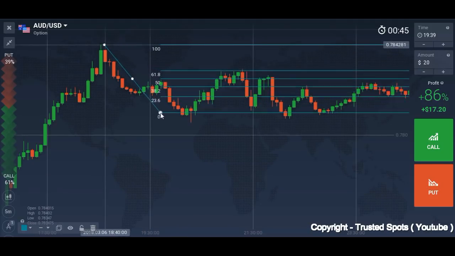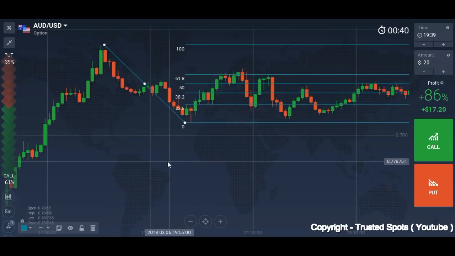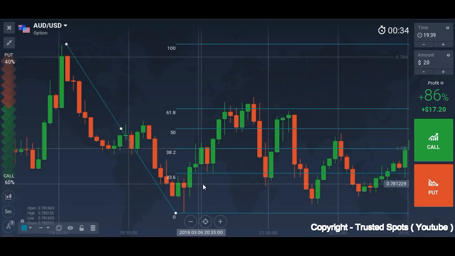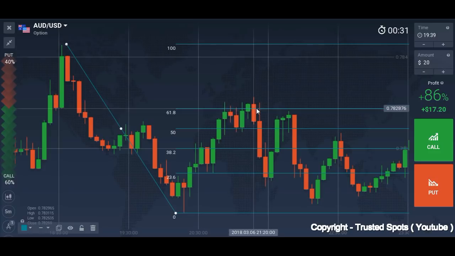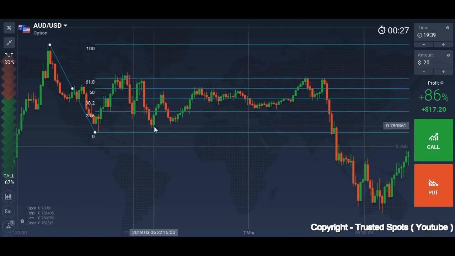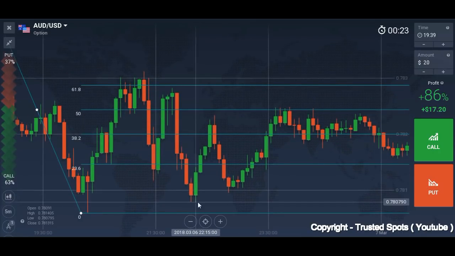As you can see, I have drawn my level here. This is the highest point, and this is the lowest point. And now if you look carefully, the first most important thing is that the 61.8 level gives a trend reversal.